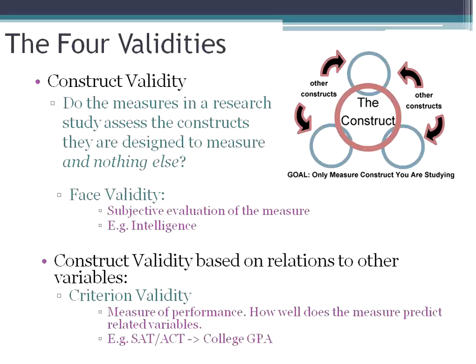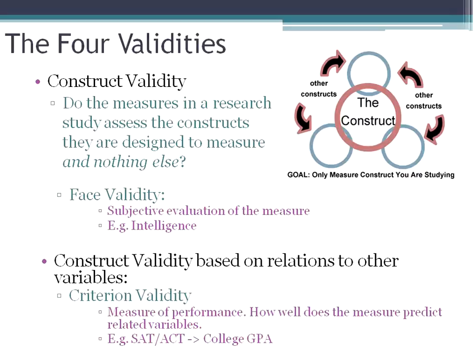Now, criterion validity is a measure of performance. So how well does our measure predict related variables, right? So if the SAT and the ACT both are designed to predict college readiness, then they should probably have a strong influence. They should predict how well people are going to do in college, right?